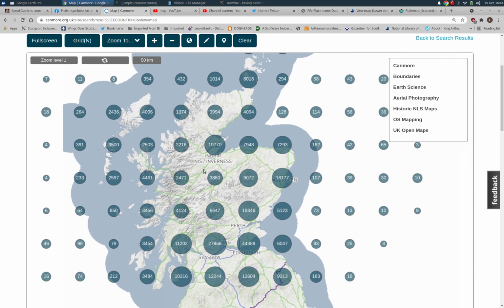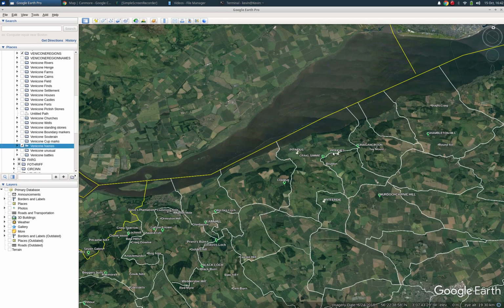And this includes stuff that existed before computers. So they've digitized pretty much everything going right the way back to the beginning of their records. It's another brilliant database. And initially, you can download a file from Canmore, which you can input into Google Earth.